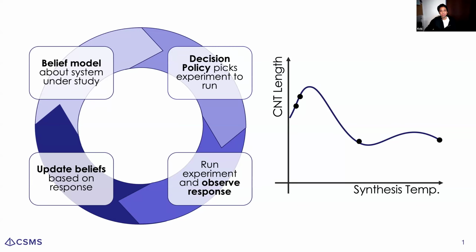But then the Bayesian part is that we're going to perform a sort of uncertainty quantification. We're going to be able to say, I believe my response function, the function of the property that I'm trying to optimize with respect to my recipe, on average looks like this blue line. But this blue line is based on a very, very small set of data. It's like 4 data points. And we know that that's not going to be accurate.